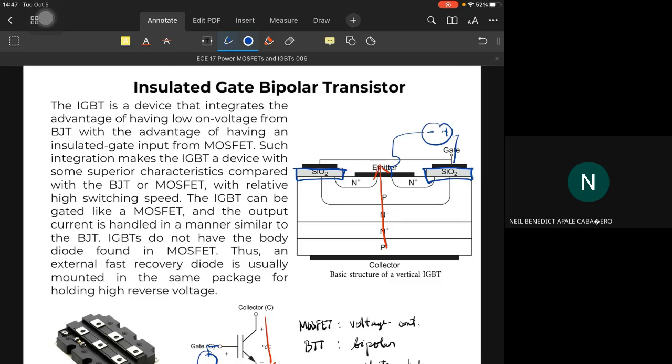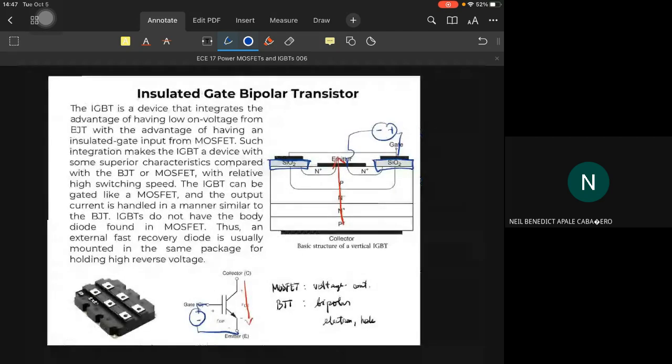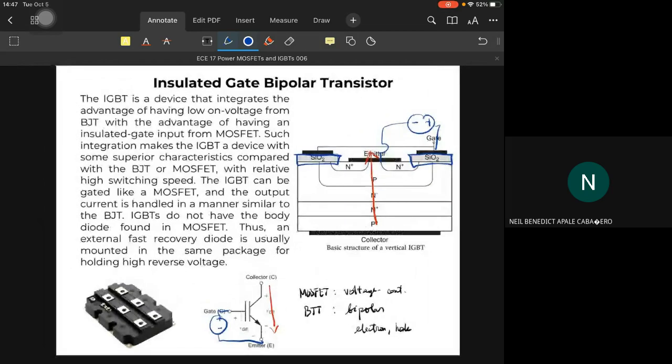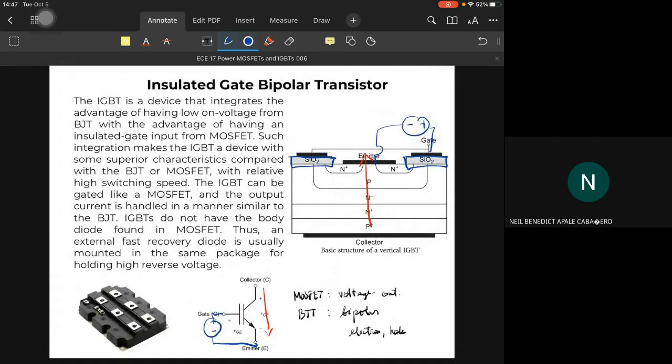IGBTs do not have the body diode found in MOSFETs, thus an external fast recovery diode is usually mounted in the same package for holding high reverse voltage. So it still needs a snubber diode at the collector to emitter terminal for holding high reverse voltages, because it is partly BJT.